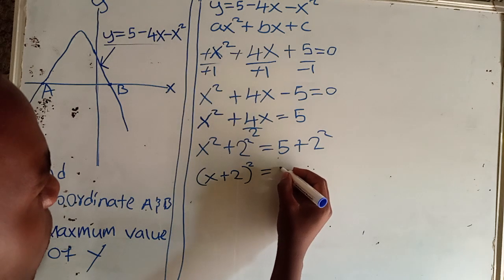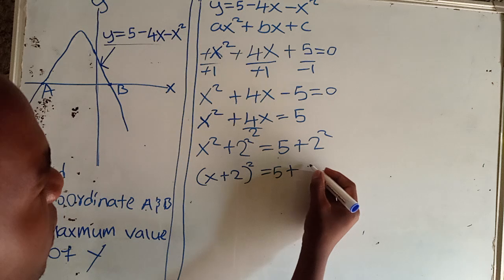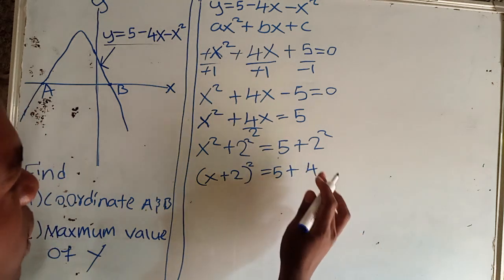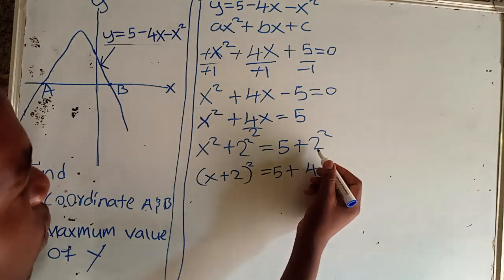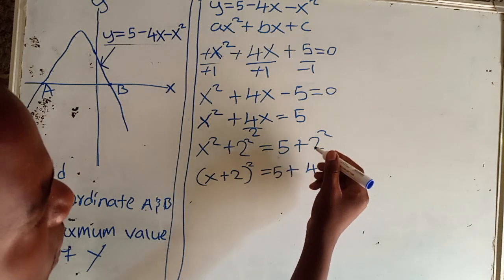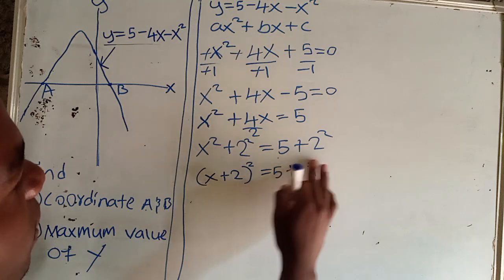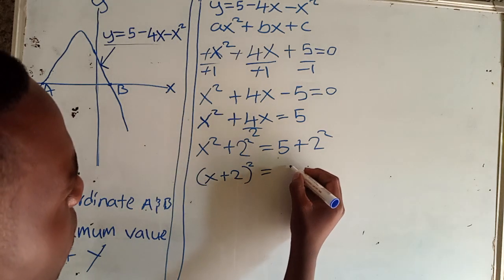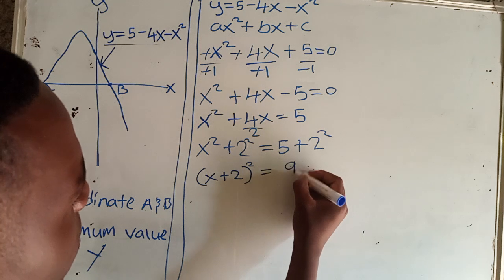So we are going to have 5 plus 4. So this will just give us 9. When we do 2 times 2, it is 4. Then 4 plus 5, it is basically 9. So we can just put 9 here.